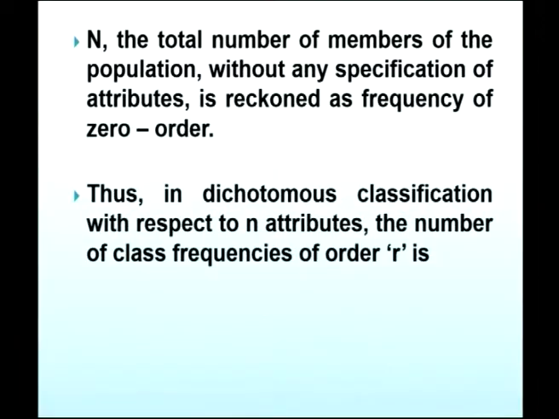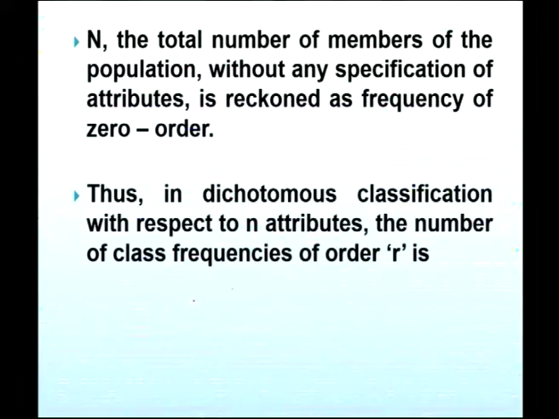Then this is reckoned as the frequency of 0 order. That is, we do not know whether the member is having the attribute or not. So N represents the total number of members, and it is called a frequency of 0 order.